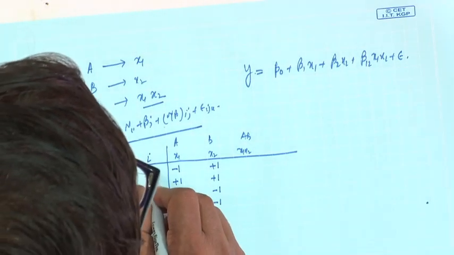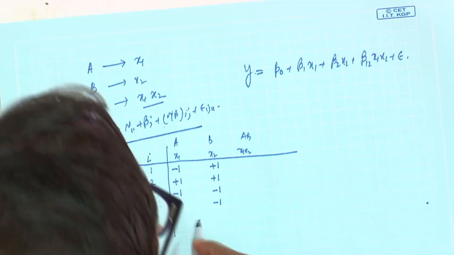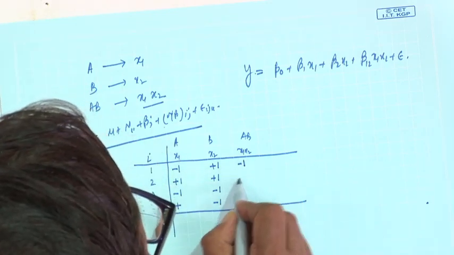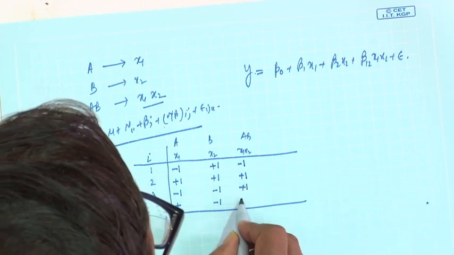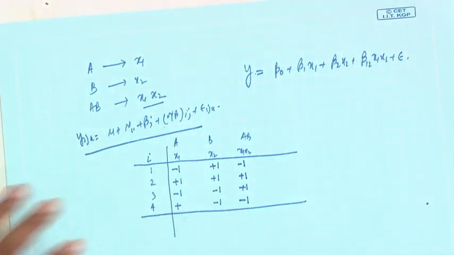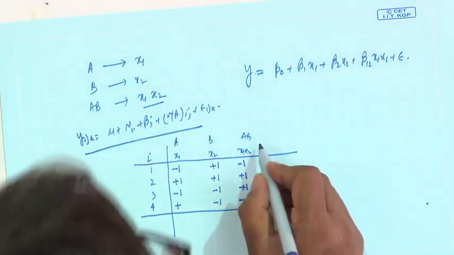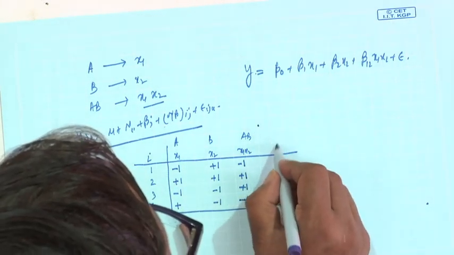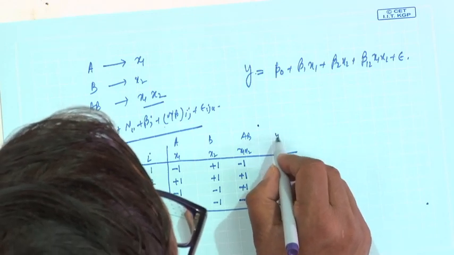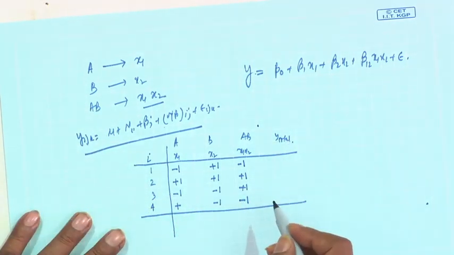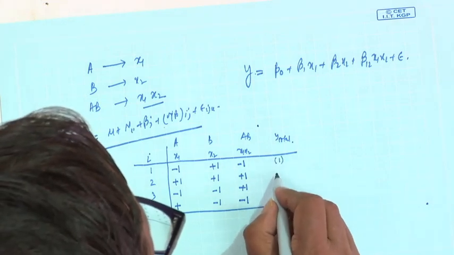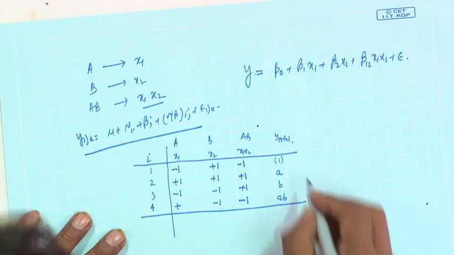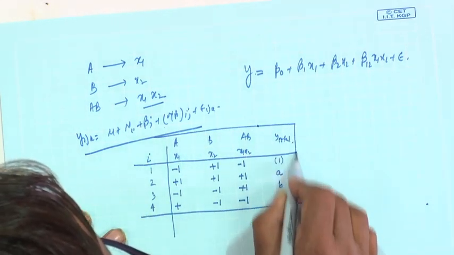So, independent runs 1, 2, 3, 4. Then what will be x1, x2? This will be minus 1, plus 1, plus 1, minus 1. Okay. And then you will get y total: for this it is 1, this is A, this is B, this is AB. This is our data for regression.